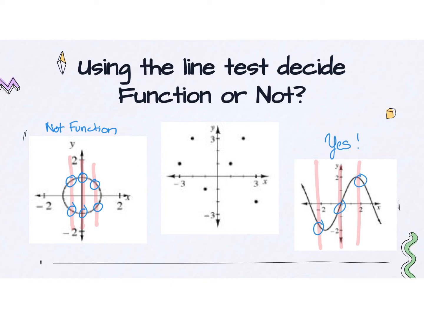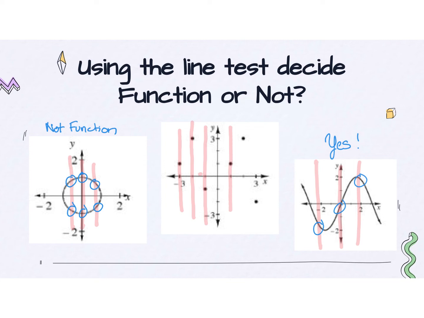So let's go ahead and take a look at this last one. When you have something that is more of a scatter plot, you want to find your lines based on your dots to see if you're intersecting with any other dots.